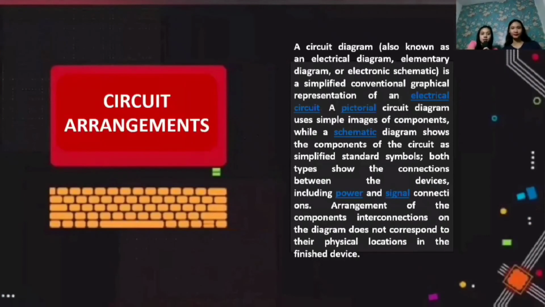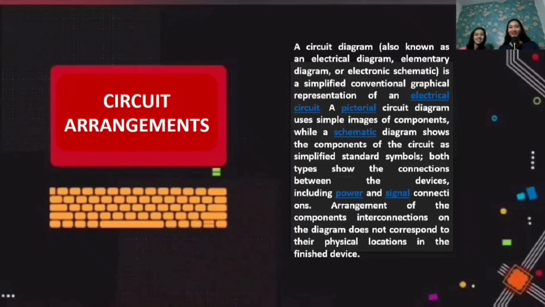So let's proceed to the next topic, which is the circuit arrangement. A circuit diagram, also known as an electrical diagram, elementary diagram, or electronic schematic, is a simplified, conventional graphical representation of an electrical circuit. A pictorial circuit diagram uses simple images of components, while a schematic diagram shows the components of the circuit as simplified standard symbols.